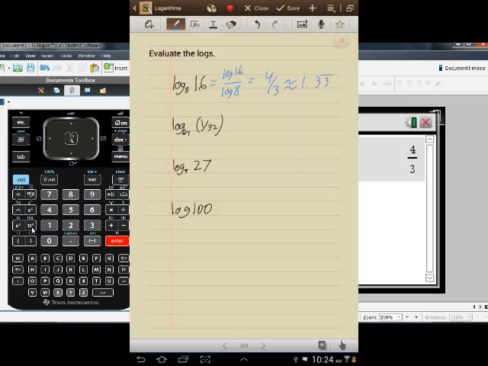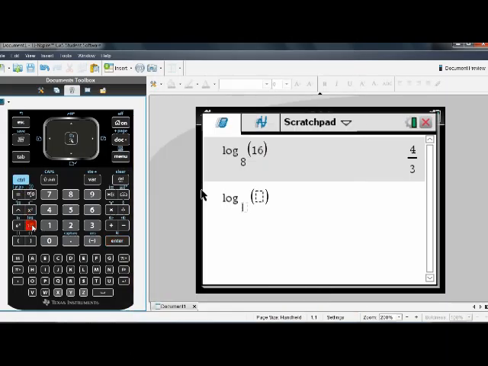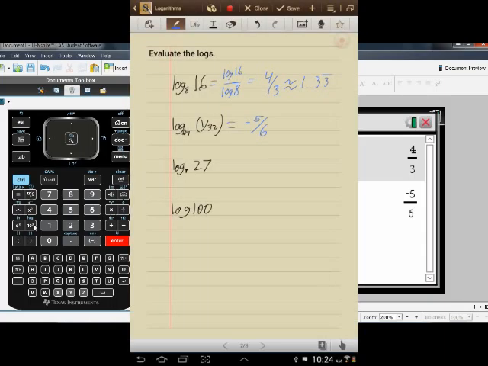Same thing. Alright, the next one is the log base 64 of 1/32. And we get negative 5/6. So be sure you're getting these things.